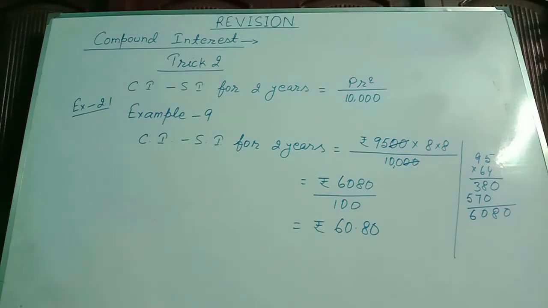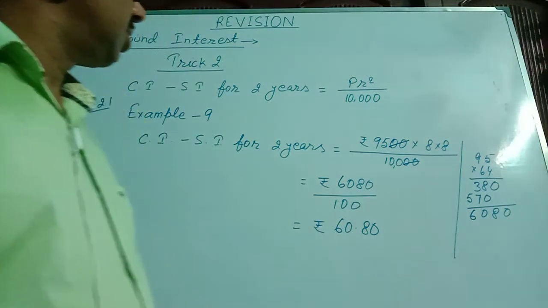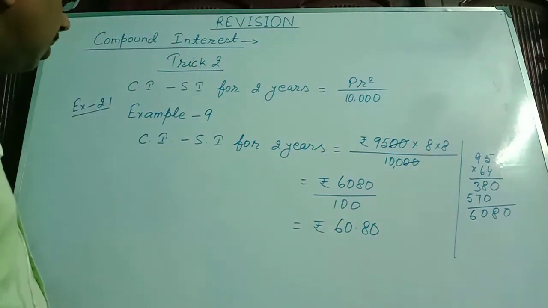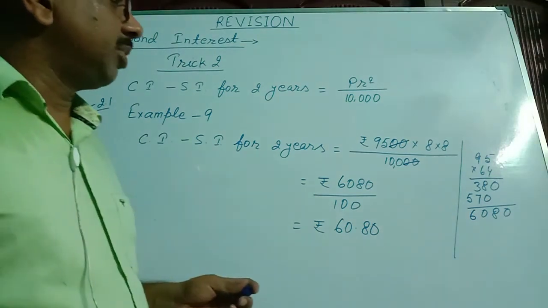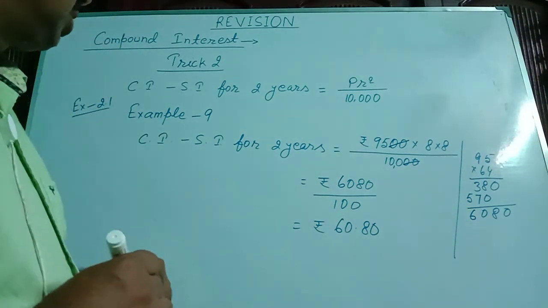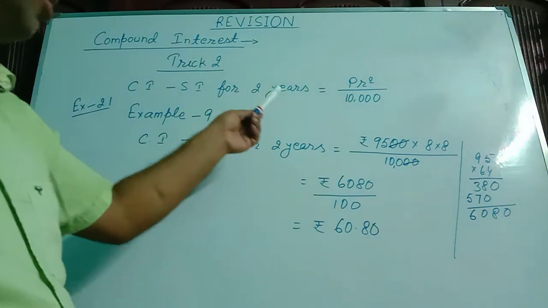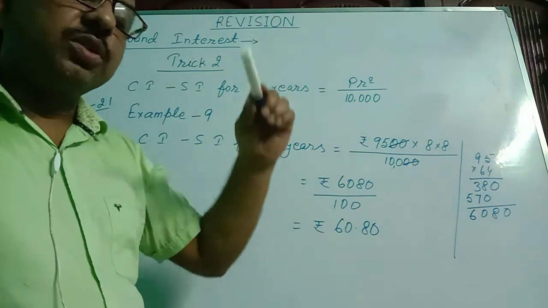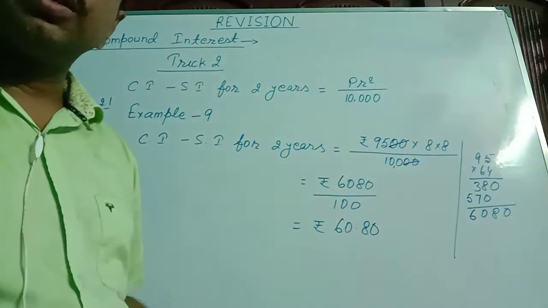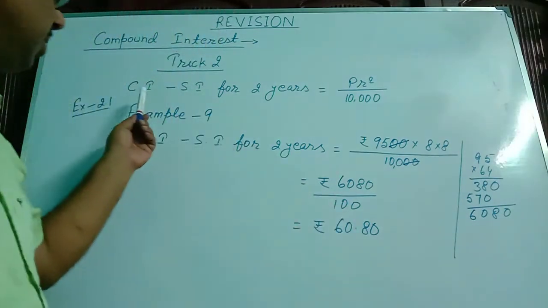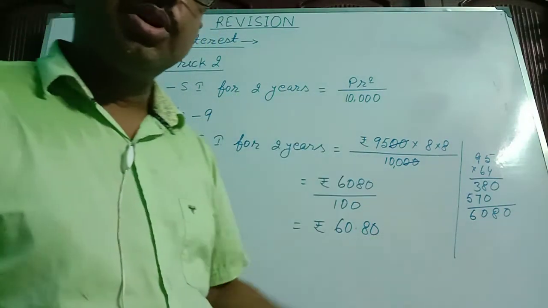So very time saving process. So you must apply this type of trick if you get a question related to CI minus SI for 2 years. The last one was CI minus SI for 3 years, but this is CI minus SI for 2 years.